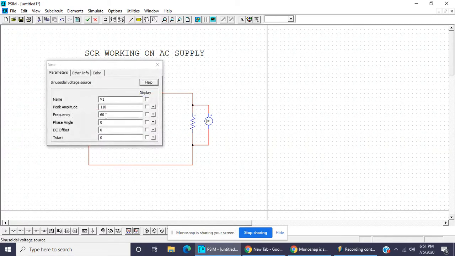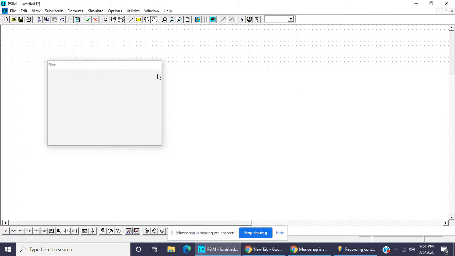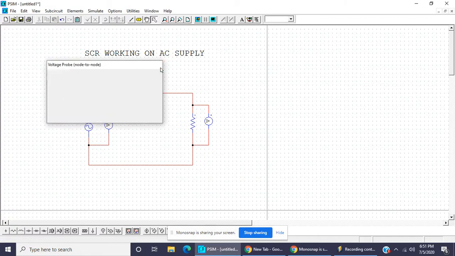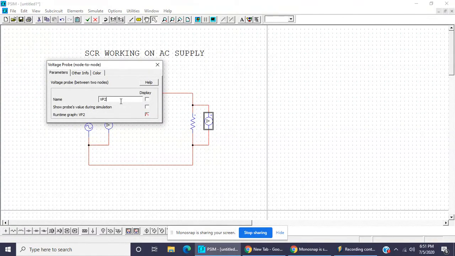Set the parameters: 230 volt and 50 hertz. This one is the input supply and this is the output.